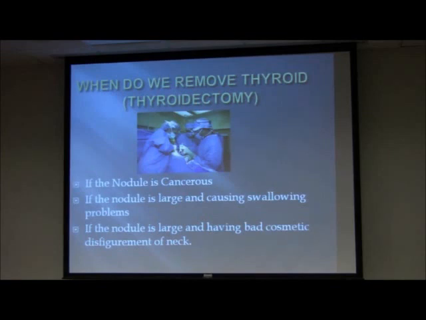So why do we remove the thyroid? If the nodule is cancerous, if the nodule is causing swallowing problems, or if the nodule is causing cosmetic disfigurement of the neck. The first indication, the cancer part, we decide. The other two parts you decide: how badly your thyroid is affecting your quality of life, and if you feel it is affecting it severely and you want it removed, it can be considered.